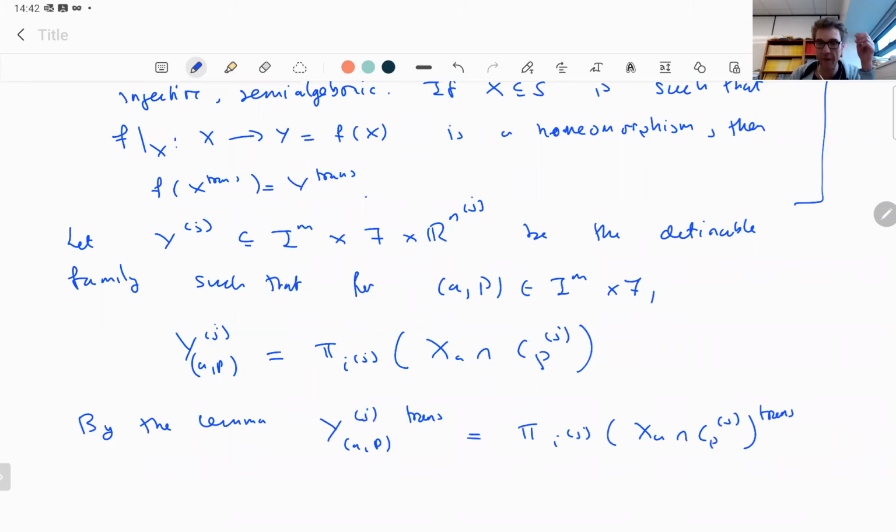And because these projections send points of degree at most e, height at most h to points of degree at most e, height at most h, the number of points of degree at most e and height at most h on this thing here is going to be at most the number of points of degree at most e, height at most h on this.